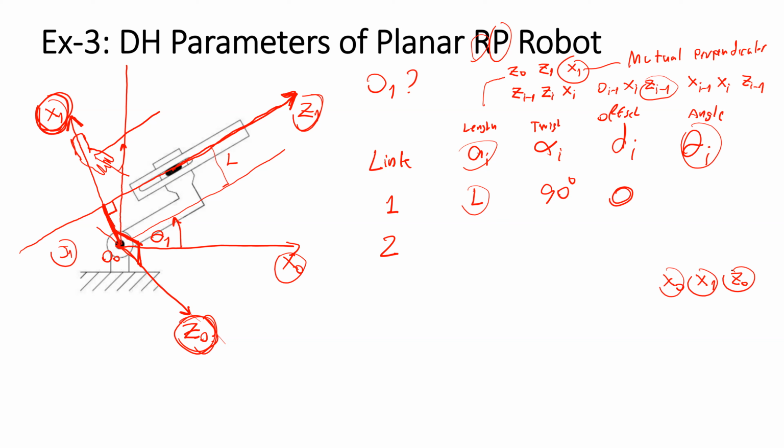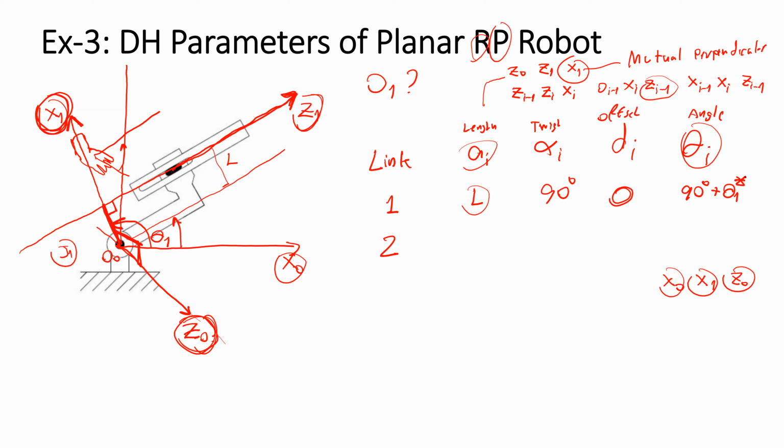The joint angle should be measured from x0 to x1. So here, the angle will be 90 degrees plus theta 1. And theta 1 will be the joint variable that is driven by the actuator.